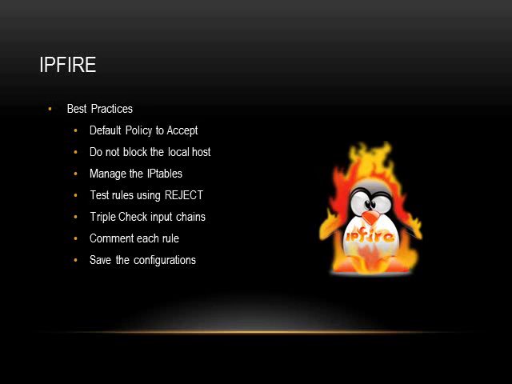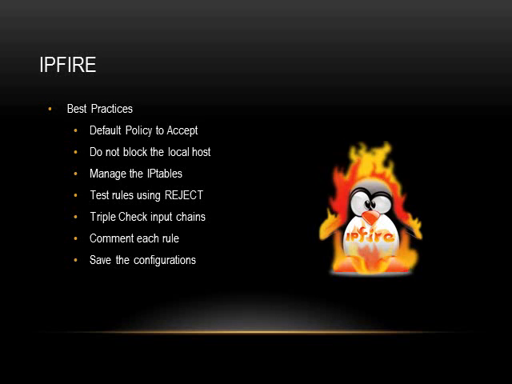The reason being is if you do a test and the setting is set to drop, you'll never know if it actually worked or not. If you get a reject, you can actually go in and check and see that it did reject the TCP connection.